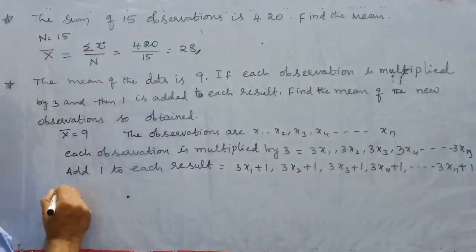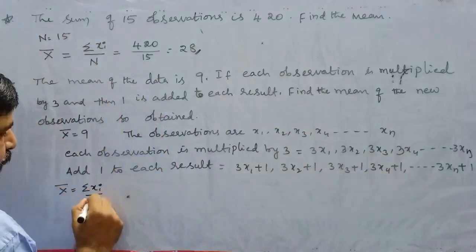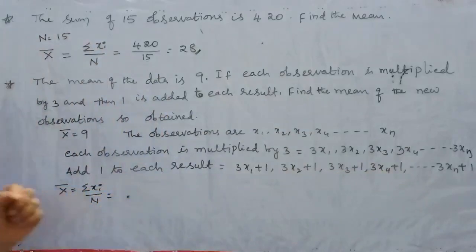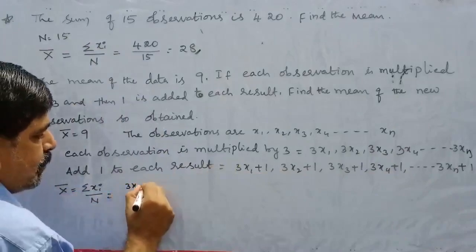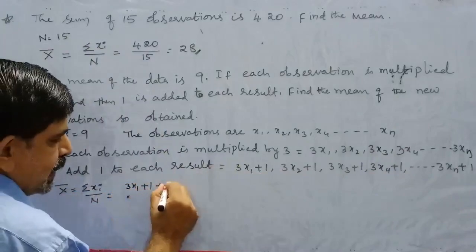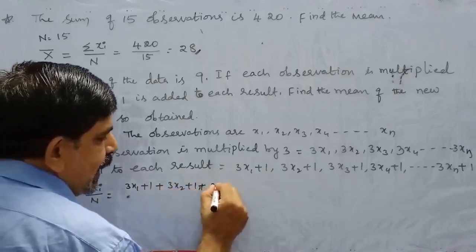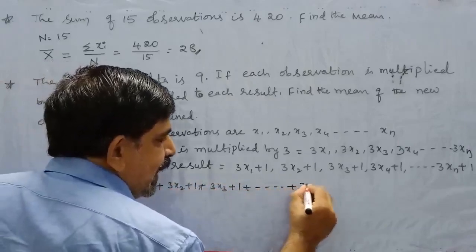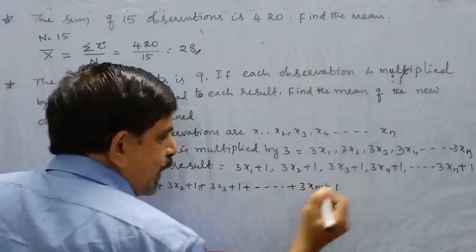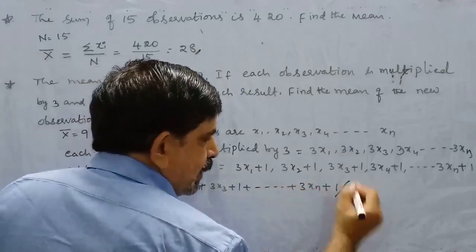For these new observations we have to find the mean. Now x bar is equal to sigma xi by n. So how to write this? 3x1 plus 1 plus 3x2 plus 1 plus 3x3 plus 1 plus and so on plus 3xn plus 1, by n.